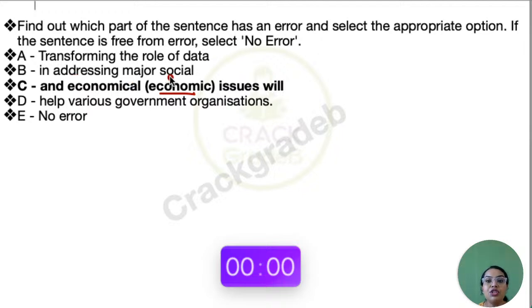Major social and economic issues, not economical, will help whom? Various, with various I want a plural, so plural is used over here. They are from the category of government, so government organizations. This is a type of error on which we have seen multiple questions in previous years. So please know the difference, remember the difference.